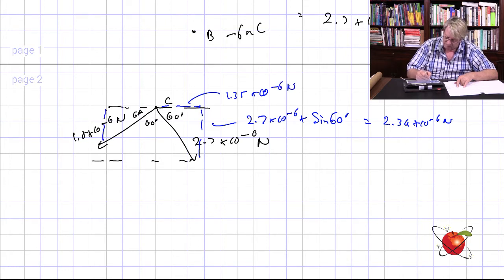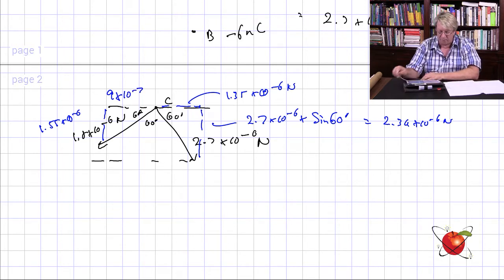Similarly, we do the same. Remember, opposite again, and we get that one there. We've got 1.55 times 10 to the minus 6, and this one is 9 times 10 to the minus 7. It's the cos 60, 9 times 10 to the minus 7.